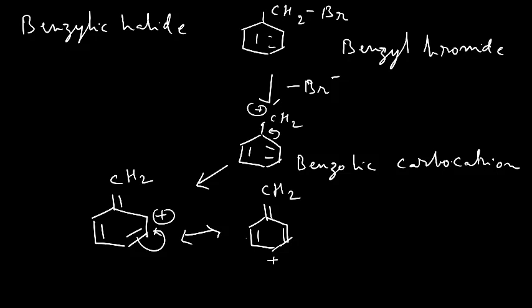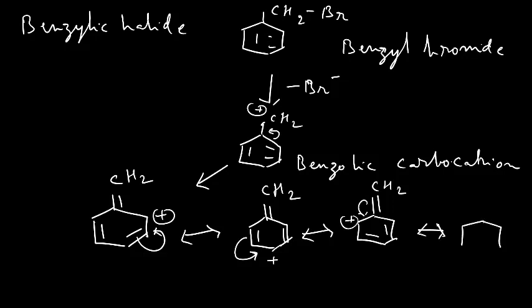Now in the next structure, this bond shifts here, therefore we get it in this way. So here the bond comes here and comes here, and this is CH2 plus here. Now what happens in the next structure? This bond shifts here, therefore we get it in this manner.